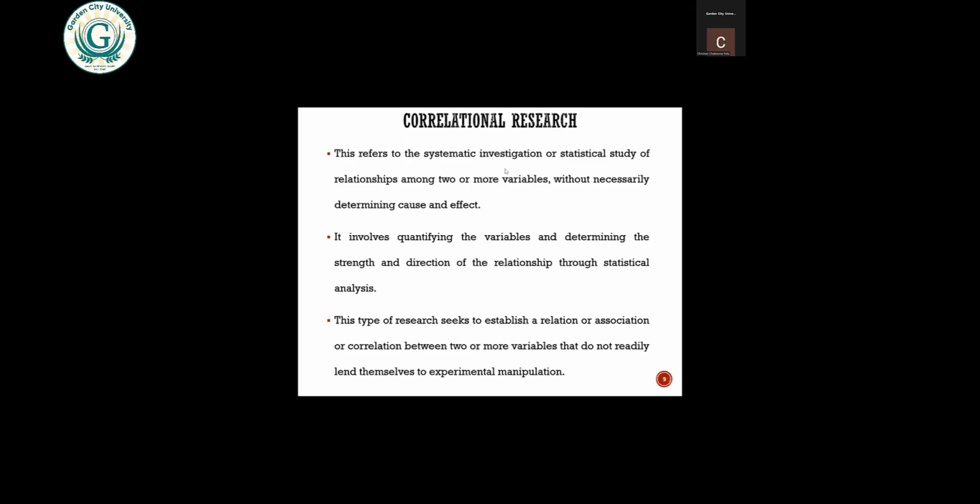But you don't know whether it is having divorced parents that is causing the teenage pregnancy. You don't know the cause. All you know is that those two variables are related, but you don't know the exact cause.